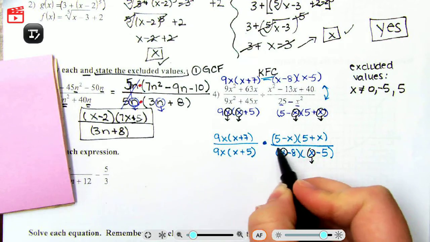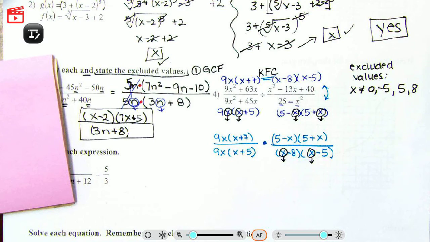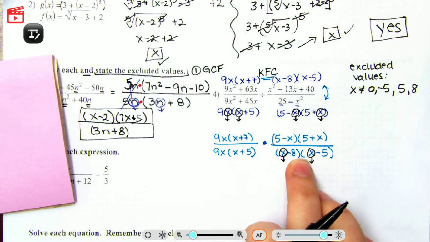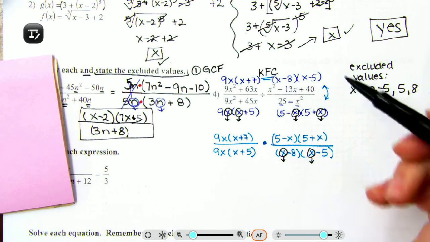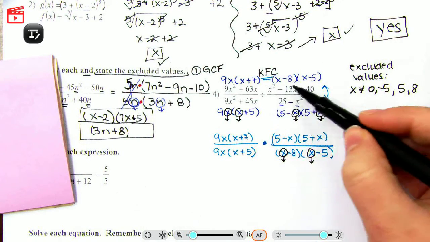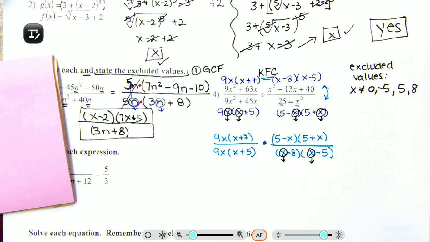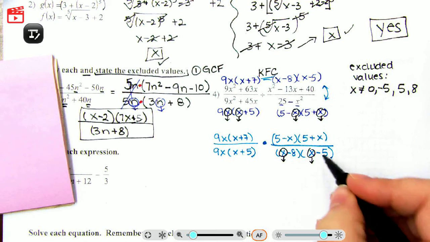So what does x have to be in order for this to be 0? It needs to be an 8. So again, your original denominator, and after you apply KFC, you look at the denominator as well. So before KFC, you're basically on the second fraction finding excluded values for the top and the bottom. But really, you're finding the denominator because you are flipping this fraction.